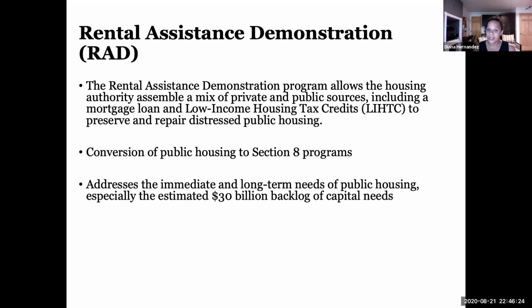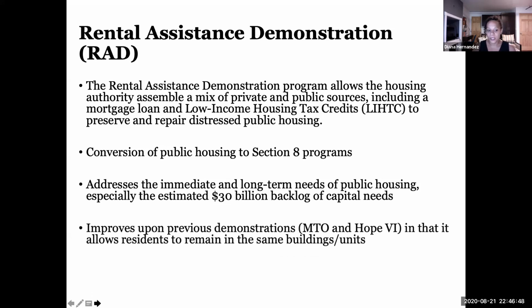It essentially is an administrative shift, moving away from Section 9, which is public housing, to Section 8, which is a housing subsidy. Means very little in terms of the recipients of this housing subsidy, but means a lot in terms of administering the housing units themselves. It improves upon other demonstrations like the MTO and Hope 6 in that it allows residents to remain in place, but in a better unit.